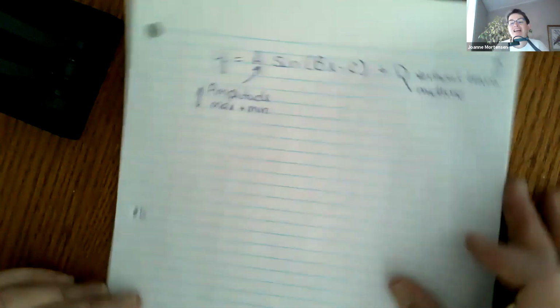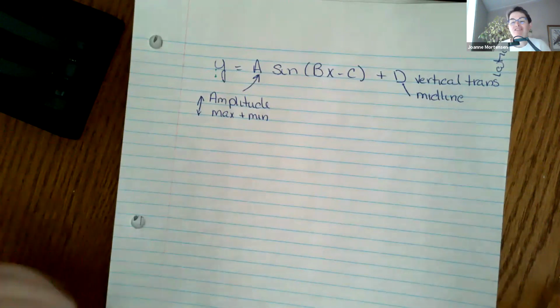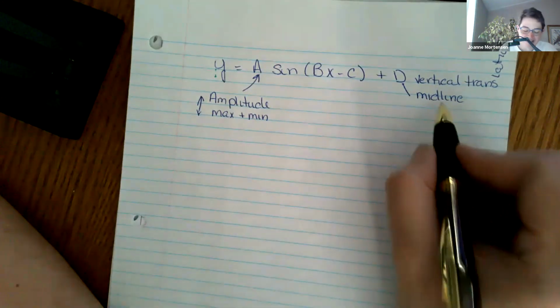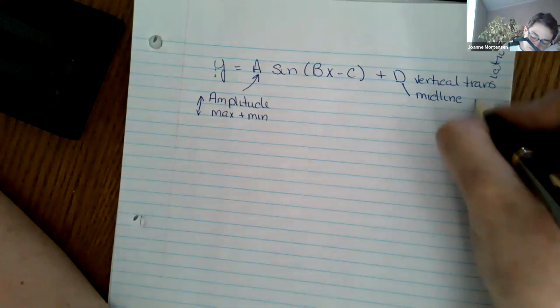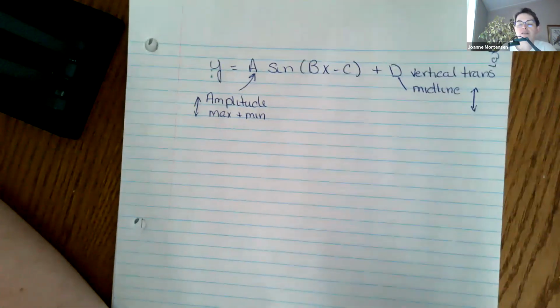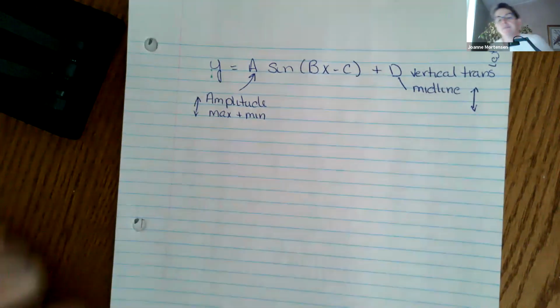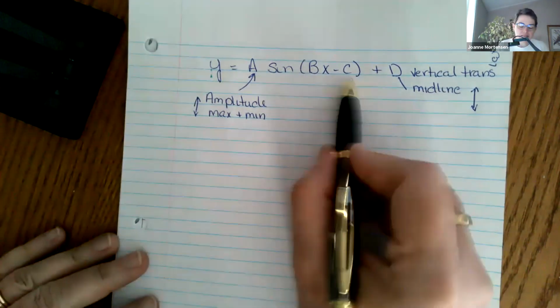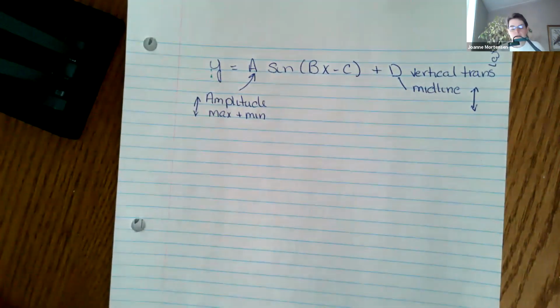Sorry, that was not helpful. Okay, vertical translation. This is going to be the middle, and it too is a vertical measurement that we have to worry about. These guys are horizontal measurements.